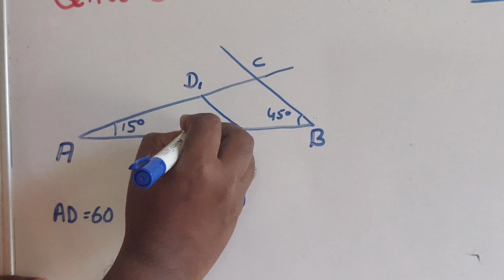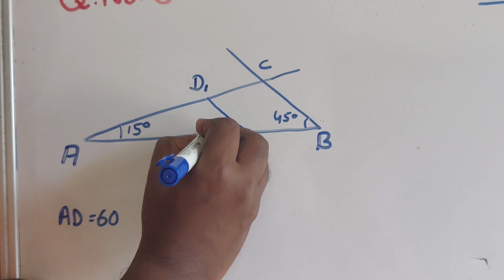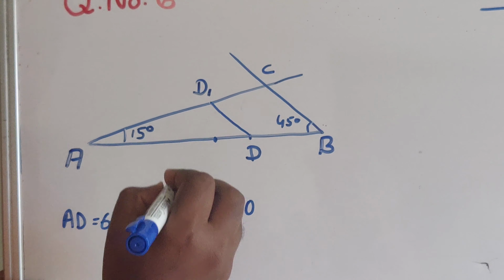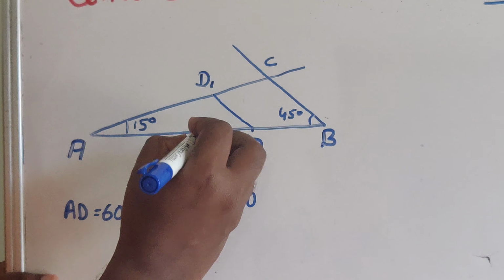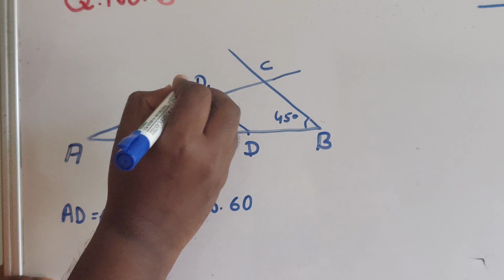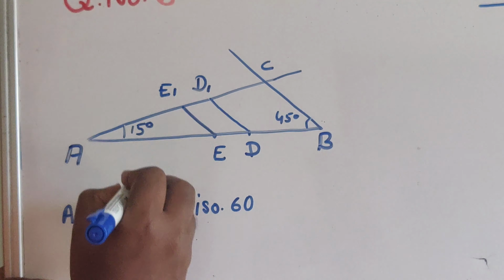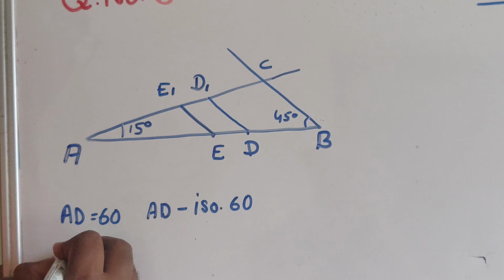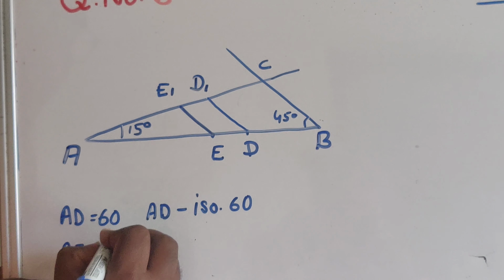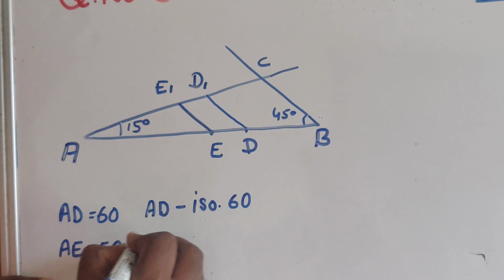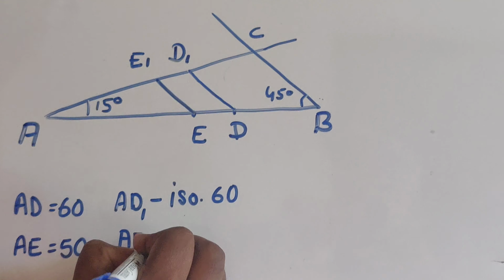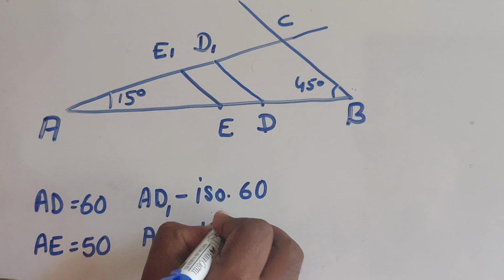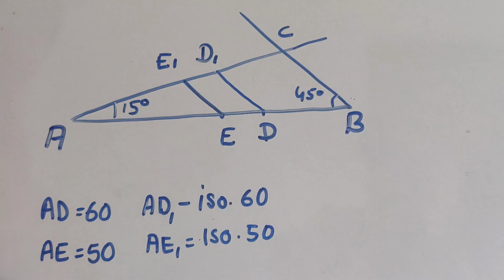Similarly, we can have 50 mm, that is the next dimension, that you can take as E, and parallel to this you will get E1. So AE is equal to 50, where AE1 is equal to the isometric length of 50.